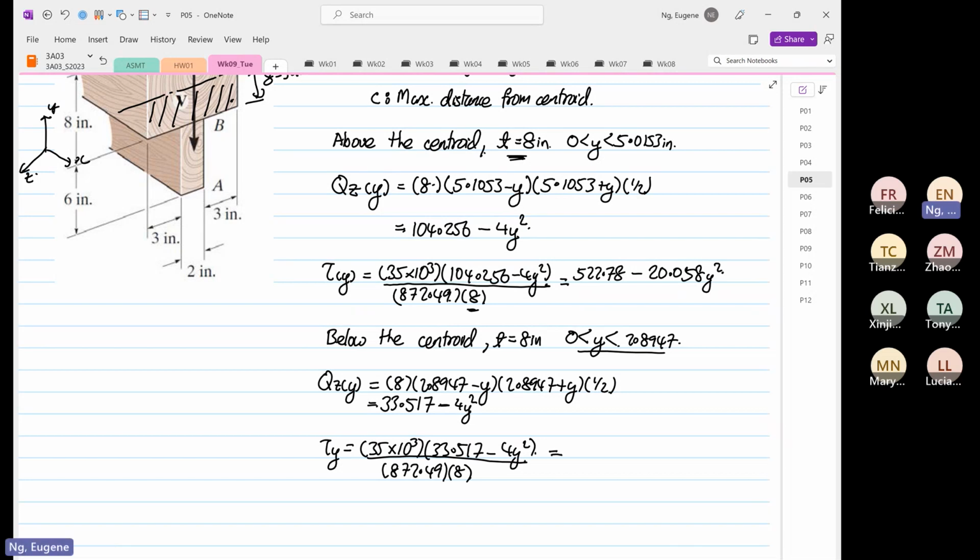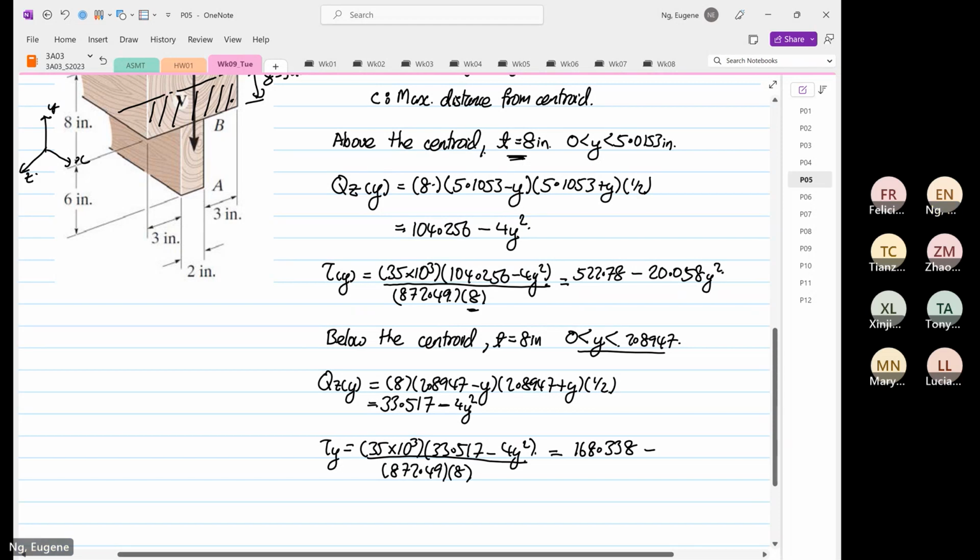So 35 power 3 times 33.517 divided by 872.49 divided by 8 is equal to 168.33 minus 20.058 y squared.